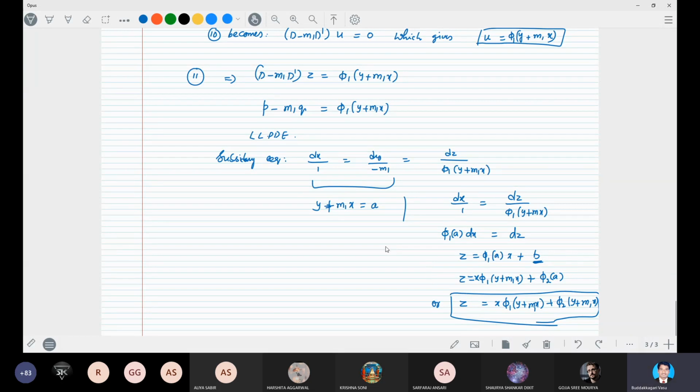Right, this is how we have to find the complementary function, that means the solution of f(D, D dash) into z is equal to 0.